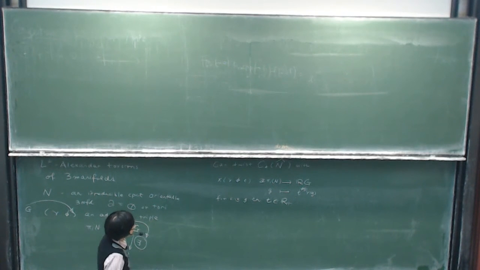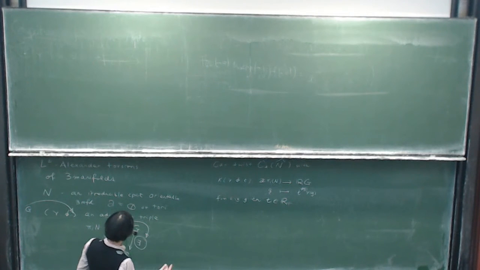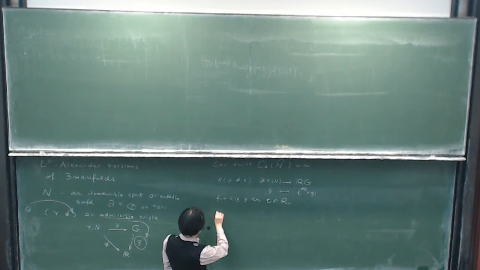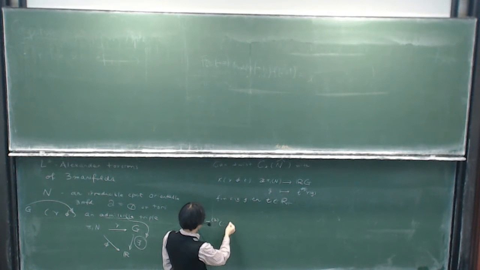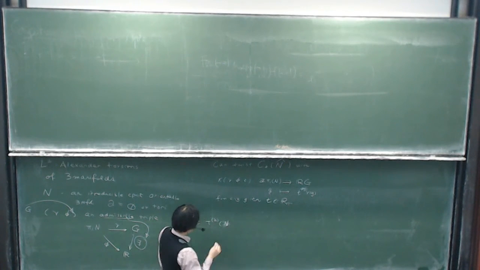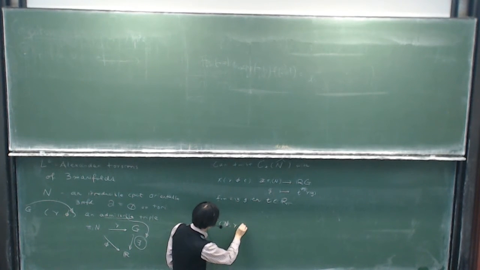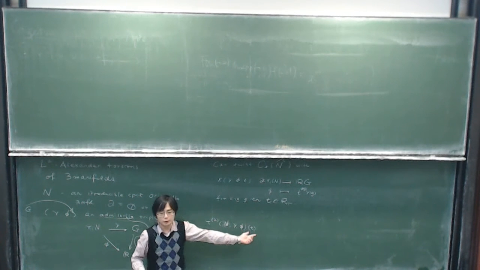Okay, so if you have such a representation, you can do what you usually did. Just think about the torsion. So let's say tau 2 of N, that's some torsion associated to N, and the data here are gamma and phi, and that is something dependent on your parameter t.